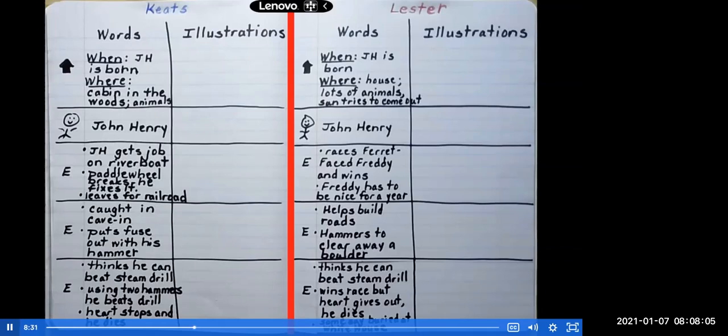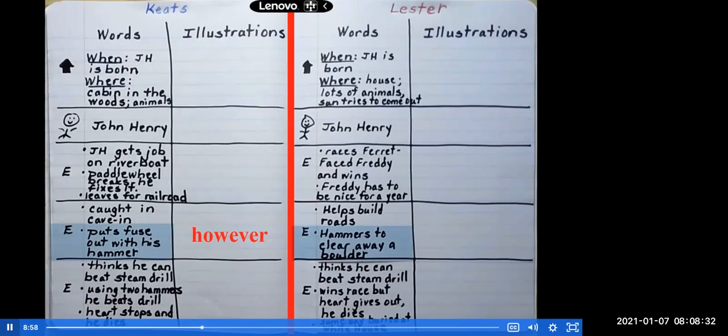Two of my favorite words to use when I'm contrasting are however or whereas. For example, I noticed in the Keats version that John Henry put out a fuse with his hammer. However, in the Lester version, he used his hammer to clear away a boulder.